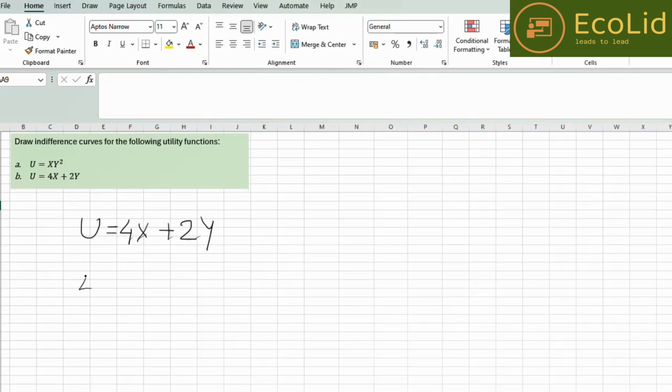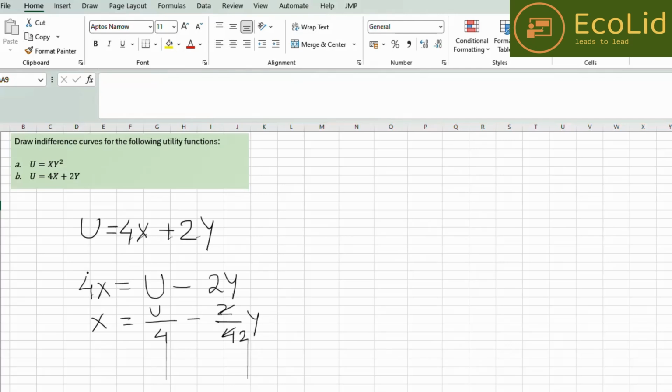So we can write here 4x equal to u minus 2y, and then x equals u by 4 minus 2 by 4 y, or 1 by 2 into y.